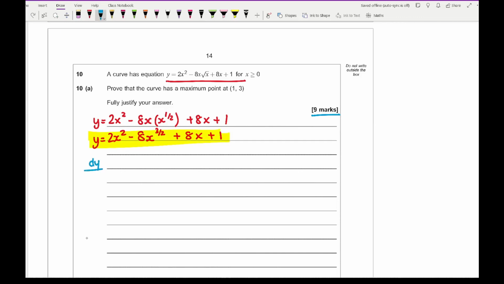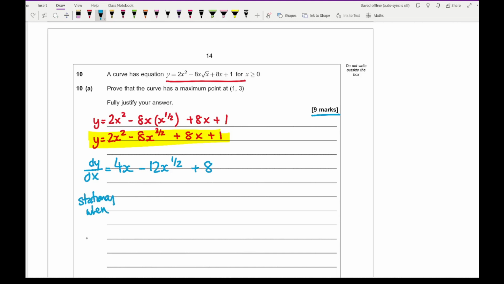So dy/dx is going to equal 4x minus, and again with differentiation you move the power to the front and lower the power by 1, so that's 8 times 3 over 2, so 8 times 3 is 24, divided by 2 is 12, so it's 12x, and I lower the power by 1, so that becomes a half, plus 8.